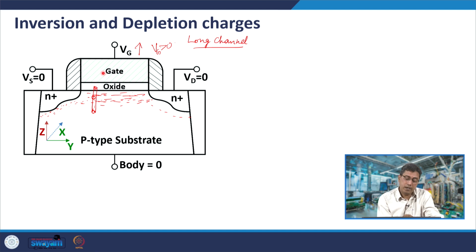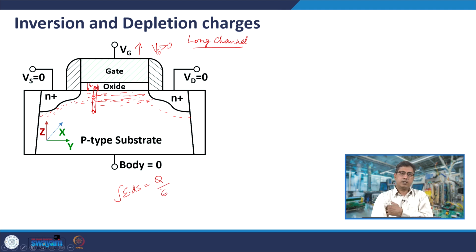So, as you increase the gate voltage, if the depletion region increases, the charge in the Gauss cylinder would increase. If the charge in the Gauss cylinder increases, then the electric field in the oxide would increase, because the surface integral on the top lid would increase. The surface integral of the entire electric field over the cylinder would be equal to the charge in the cylinder divided by permittivity.